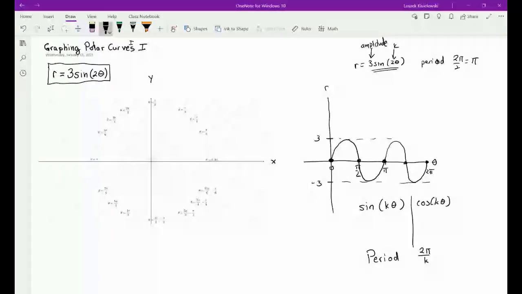So when theta is 0, we're at the origin because r is 0. And as theta increases, our radius is increasing until we reach the highest point at pi over 4.